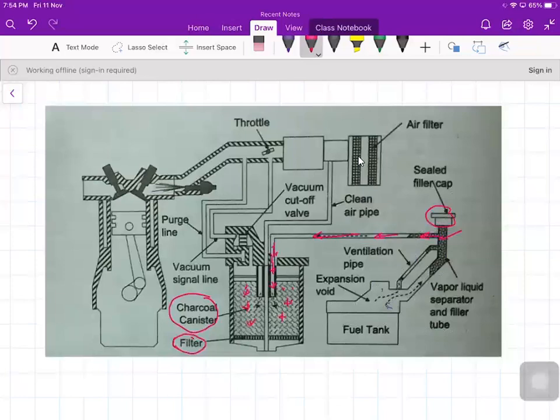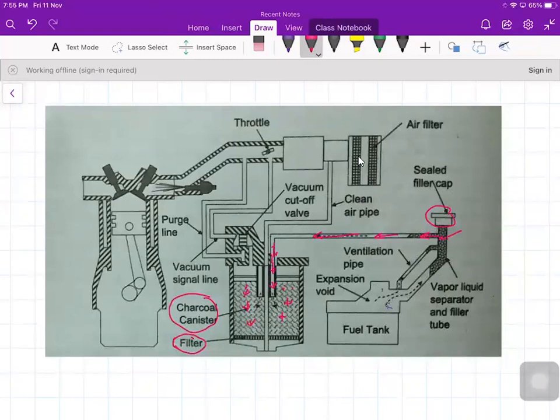When the engine runs continuously for hours, the vapor or losses from the sources come and settle here. Now, how is this going to be utilized?